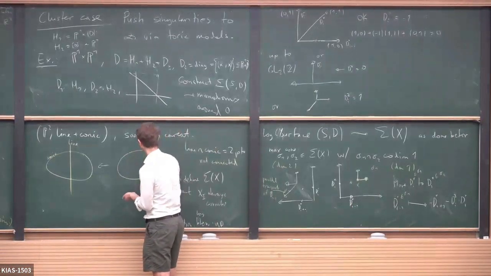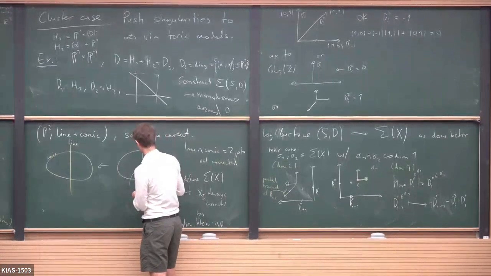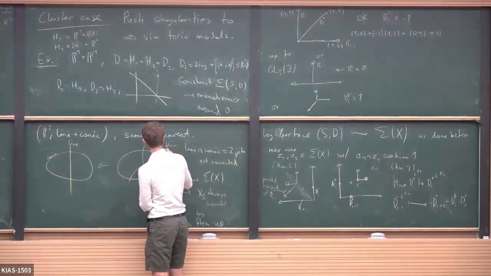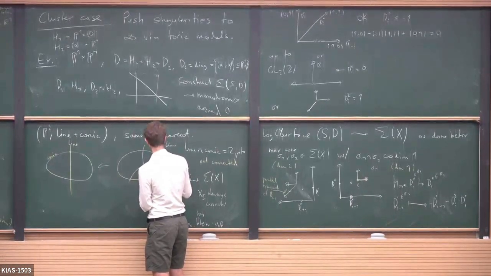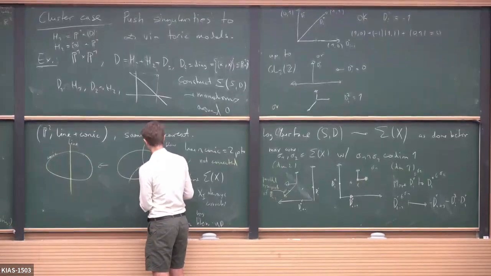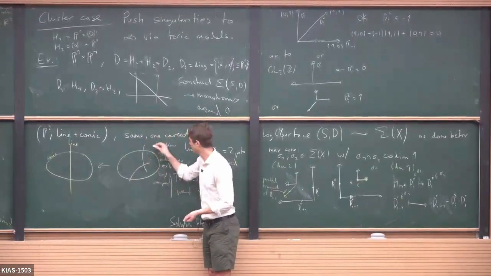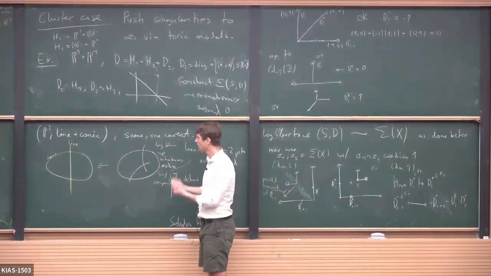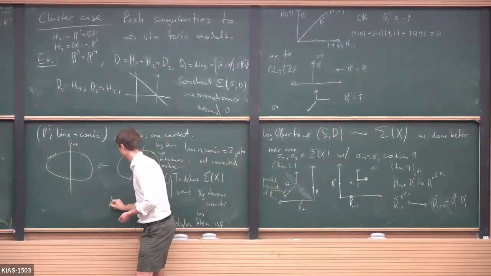The outcome of a log blow-up is that we introduce a new curve, which introduces an extra boundary component, and now which is this one. If you know how blow-ups work, it will be clear. And now we can apply the construction.